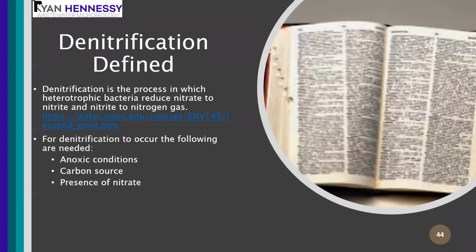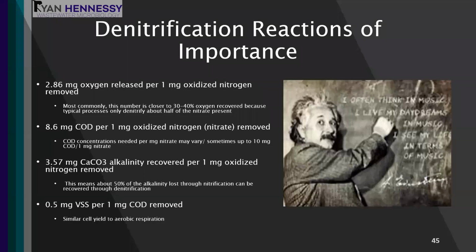So denitrification is the process in which heterotrophic bacteria reduce nitrate to nitrite and then nitrite to nitrogen gas. For denitrification to occur, the following are needed: anoxic conditions, a carbon source, and also the presence of nitrate. Some of the important reactions we see in denitrification: we are going to recover some dissolved oxygen.